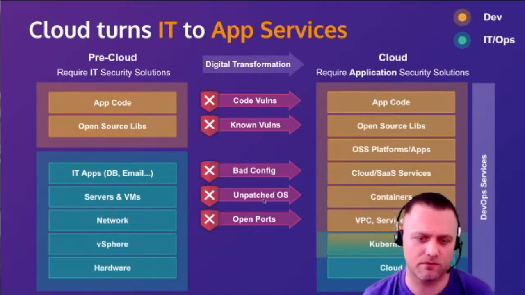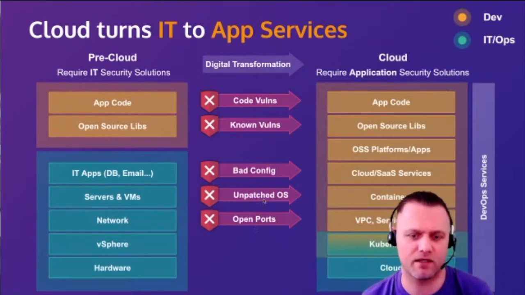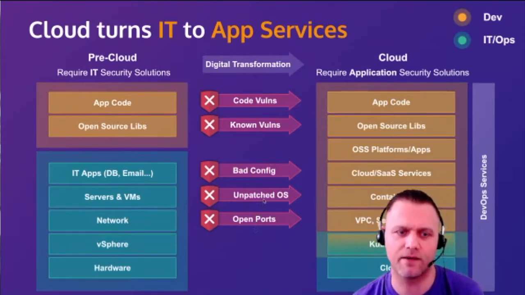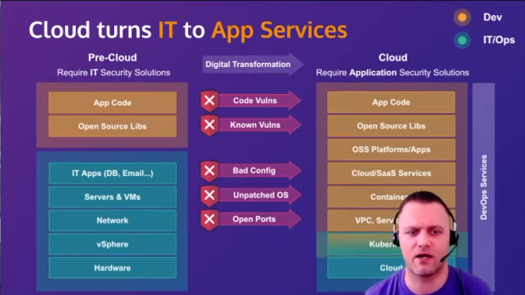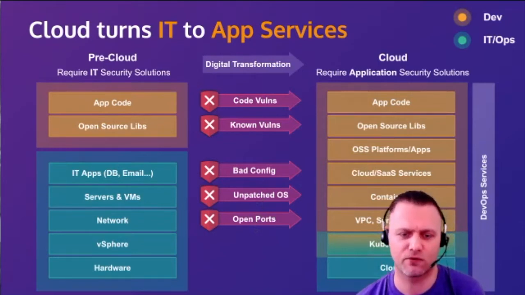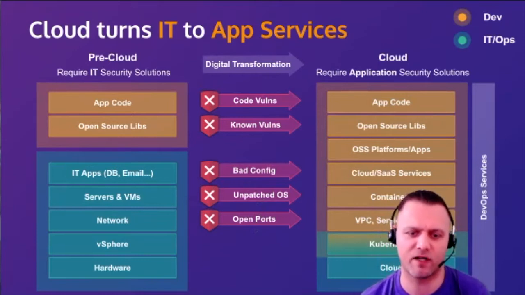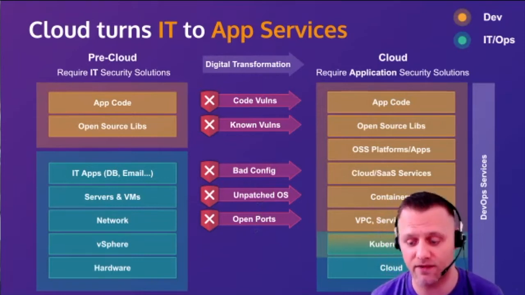So I have a lot more to cover than in the pre-cloud era as a developer. So now we say it's DevOps, a shared responsibility by developers and operations together.